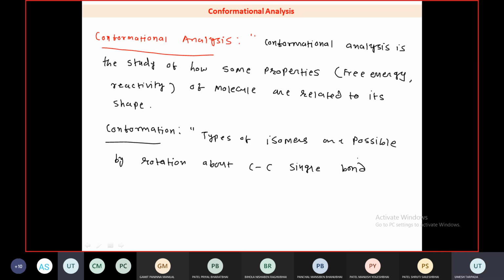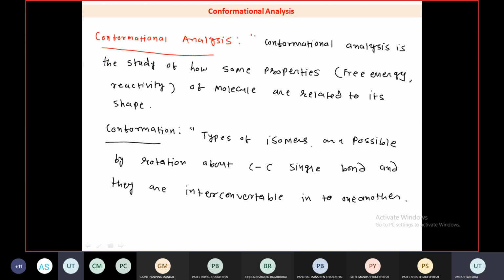Sometimes they are called rotamers. A number of isomers are possible by rotation about a carbon-carbon single bond, and they are interconvertible into one another. So that is called conformation.